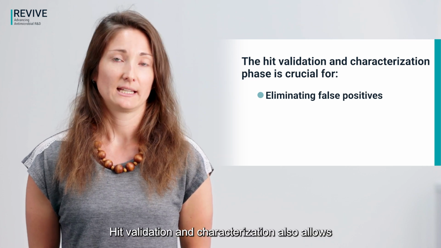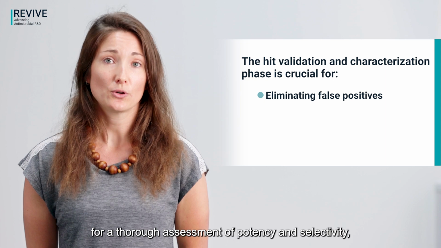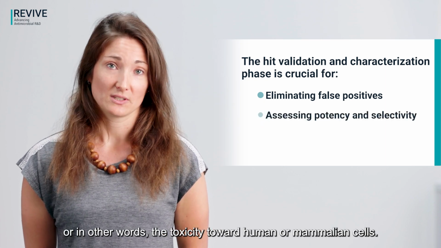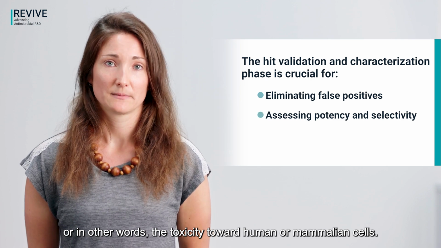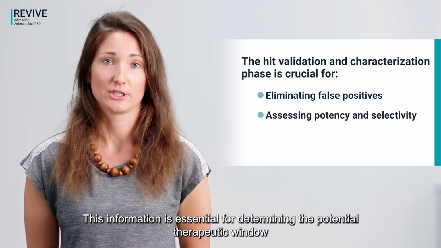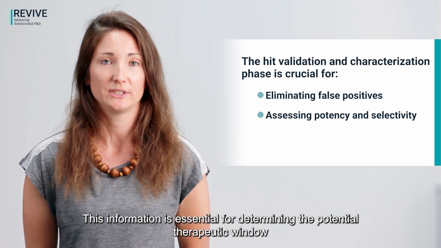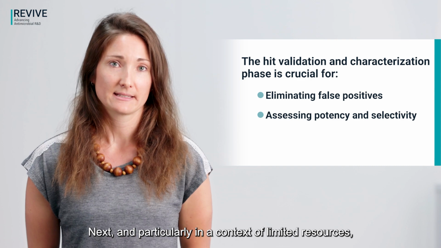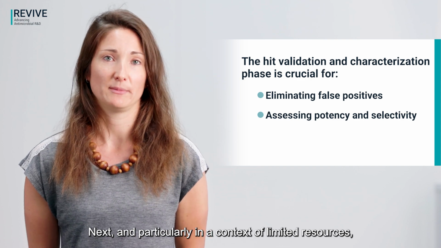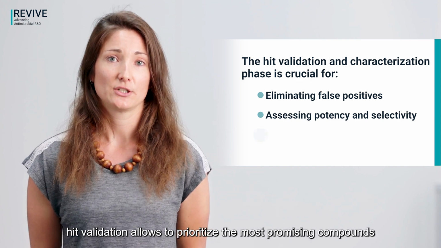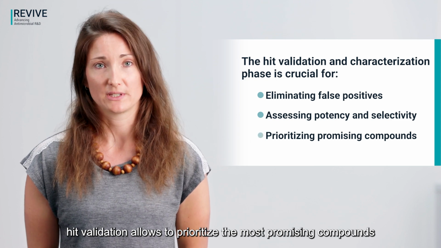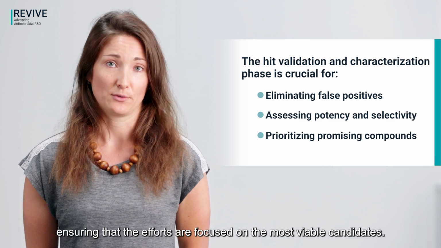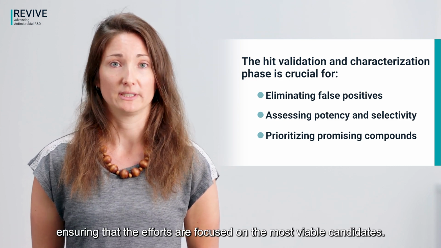Hit validation and characterization also allows for a thorough assessment of potency and selectivity, or in other words, the toxicity towards human or mammalian cells. This information is essential for determining the potential therapeutic windows and for minimizing off-target effects. Next, and particularly in the context of limited resources, hit validation allows you to prioritize the most promising compounds for further optimization and development, ensuring that the efforts are focused on the most viable candidates.